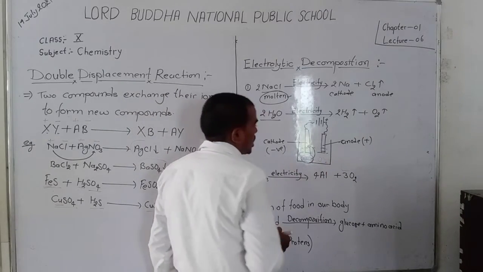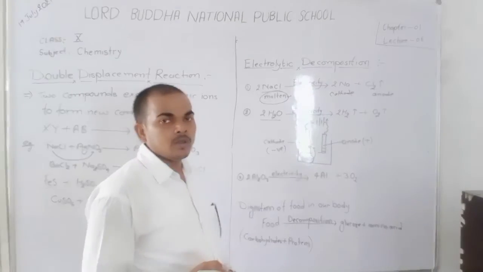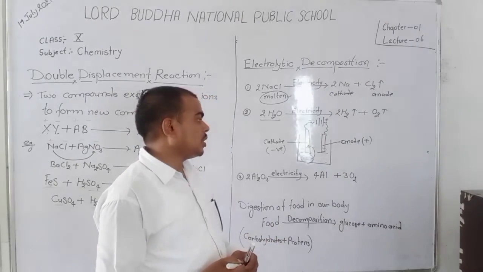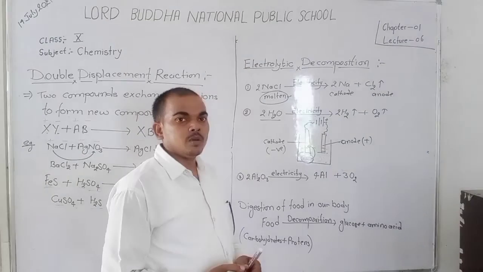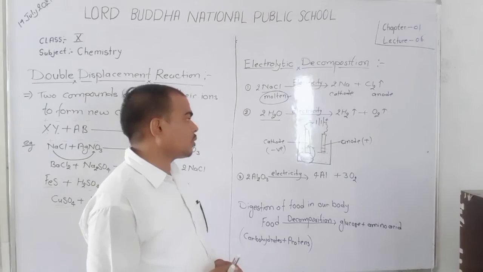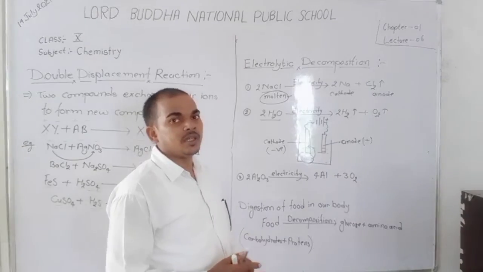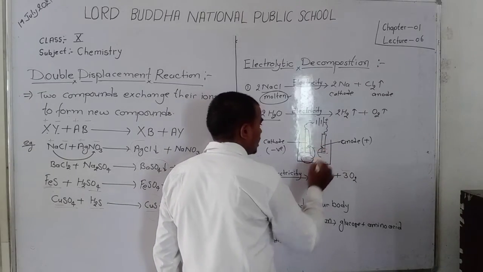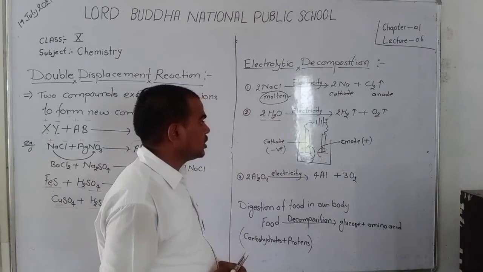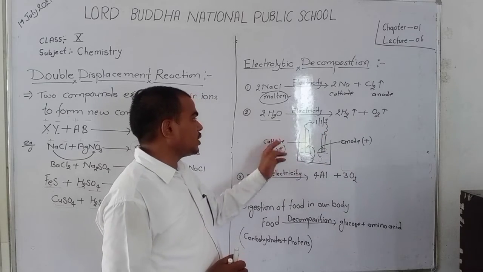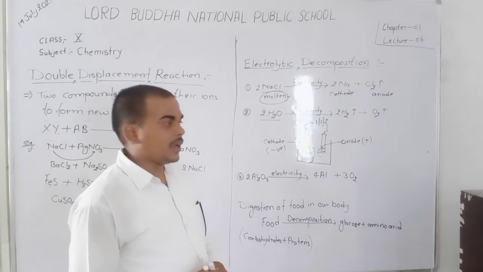Oxygen has a negative charge. That means oxygen has more than the required electrons. So it loses its electrons at the electron-deficient terminal. So oxygen moves towards the anode and converts into oxygen gas, and hydrogen converts into hydrogen gas.